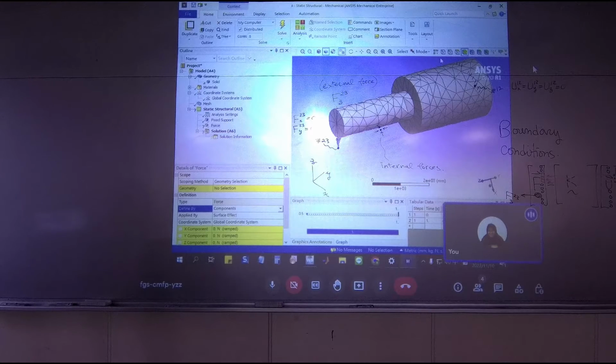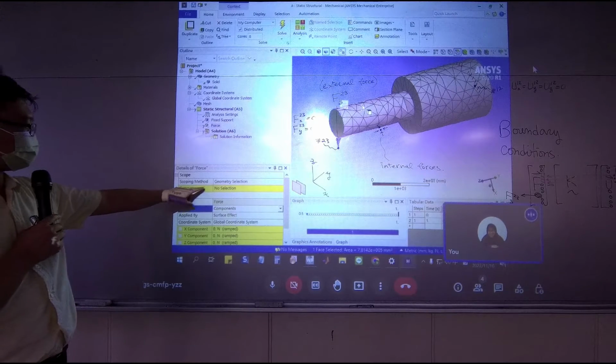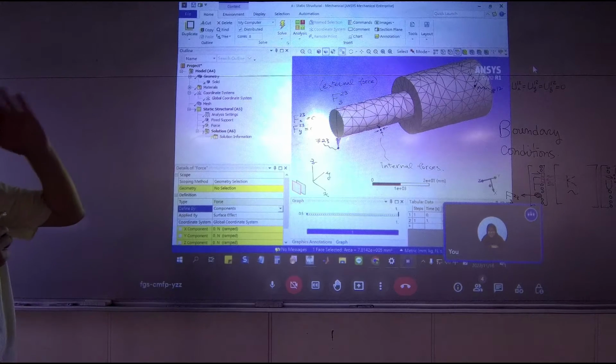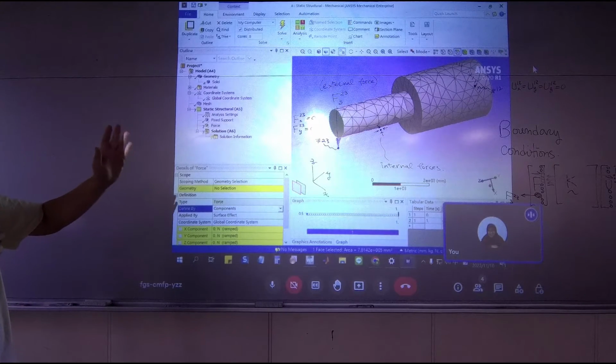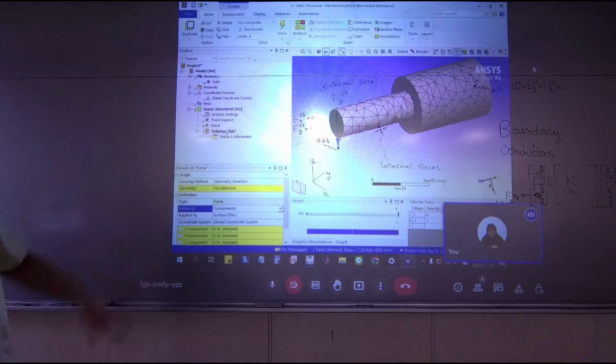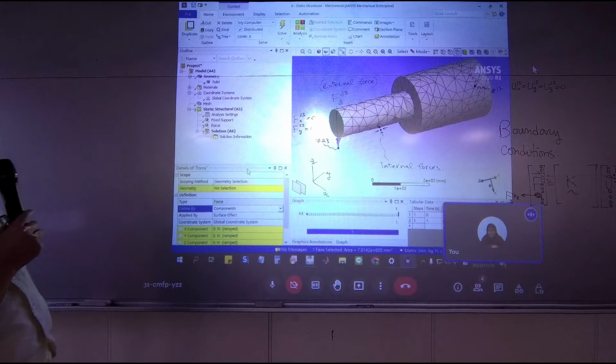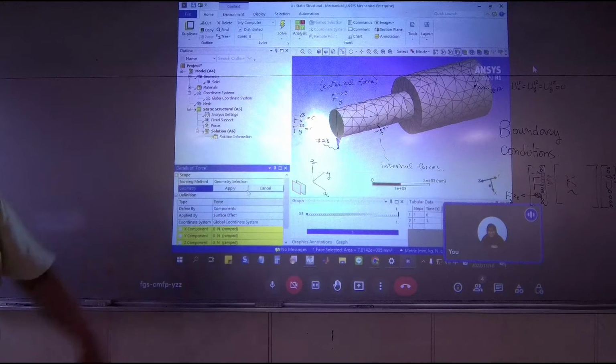Can you apply to a point? Maybe from the left geometry, you need to select, because for computers, it needs to know which point. You don't have a point. Yes. Okay, then just use the shear force. Apply to the surface. That's fine. Okay. So he's going to change the problem. Assign, yes.